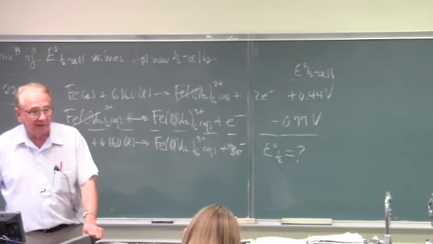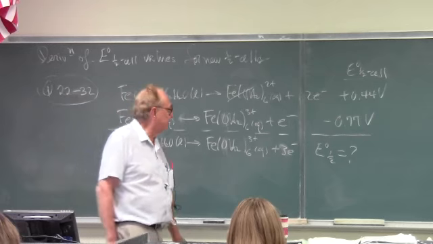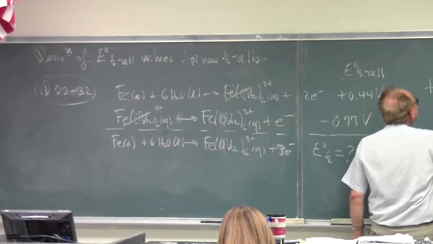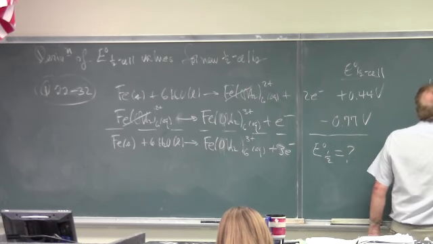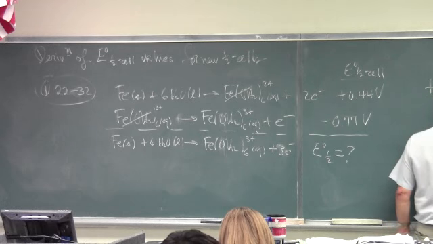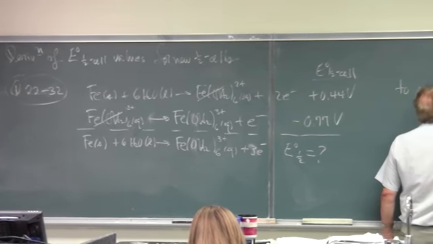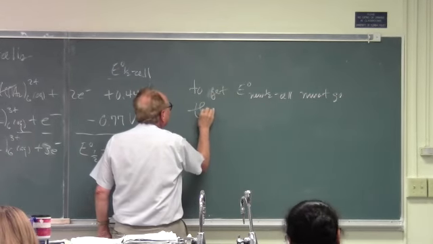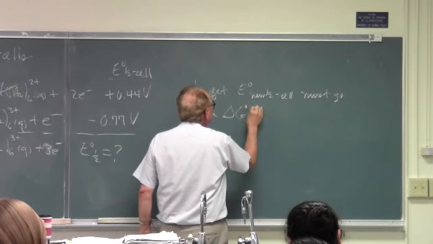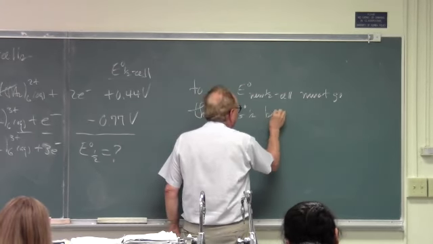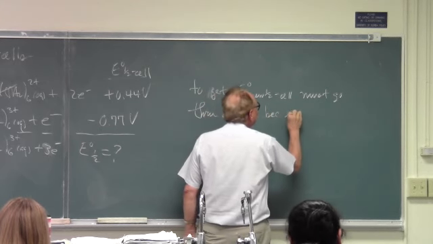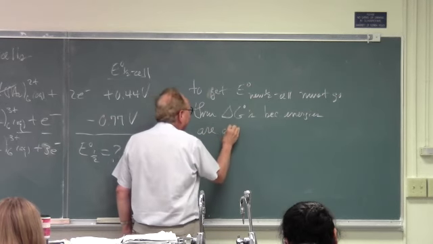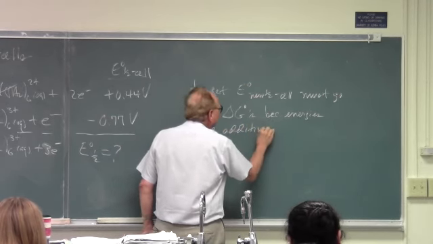How do I get the E0 value? I have to go through energies. So statement. To get E0 for the new half cell, I must go through delta G zeros, because energies, but not potentials, are additive.